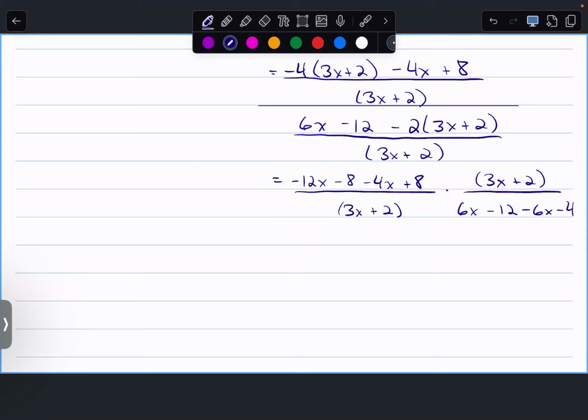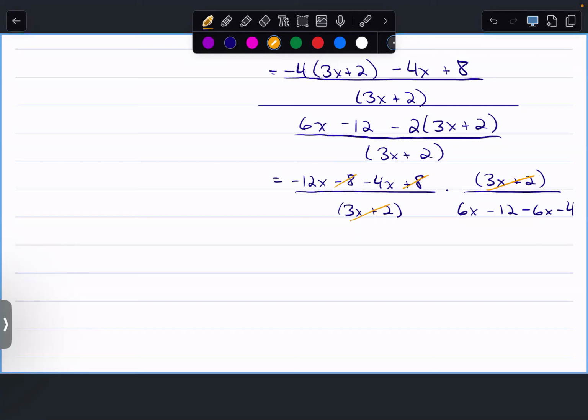Okay, looks good. Main event, canceling those 3x plus 2's, right? And then my fractions just merge because I'm multiplying fractions. But I can also simplify some stuff. Negative 8 plus 8.